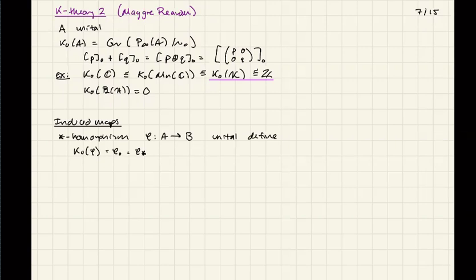Can I actually ask a clarification question? Yeah, of course. Above we said that K0 of the n by n matrices with complex entries is Z, but K0 of B of H is 0. So is that if H is infinite dimensional? Yes, we're looking at infinite dimensional separable Hilbert spaces. Good question. I guess matrices would be for the finite dimensional case of Hilbert space. Yes, I believe so.